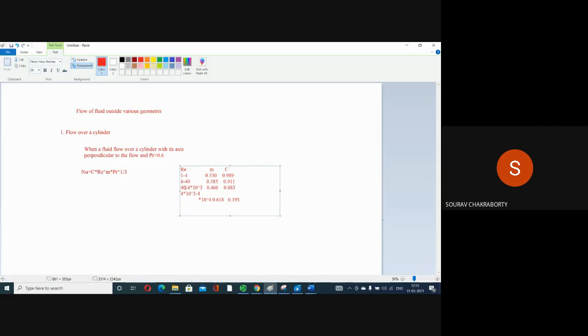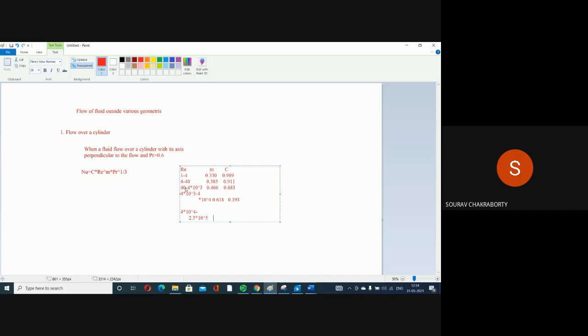And if you have the value 4 into 10 to the power 4 to 2.5 into 10 to the power 5.